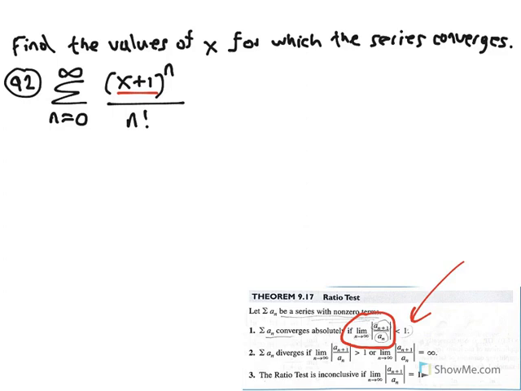Those are the values of x for which the power series will converge absolutely. If there are any values of x that would make that limit greater than 1 or infinity, those are the values of x for which the power series will diverge. And if there are x values that would make the limit equal to 1, we would have to do another test to test for convergence at those x values because the ratio test would be inconclusive.